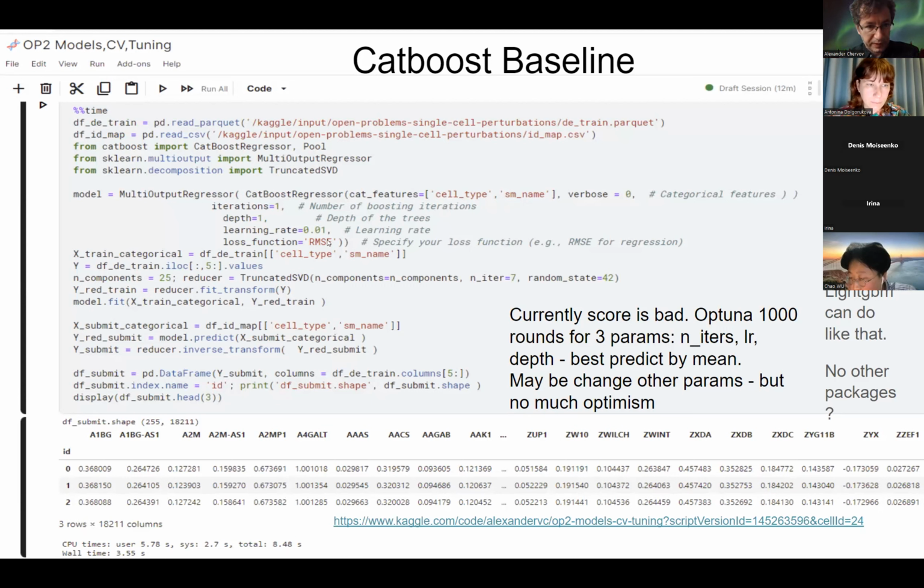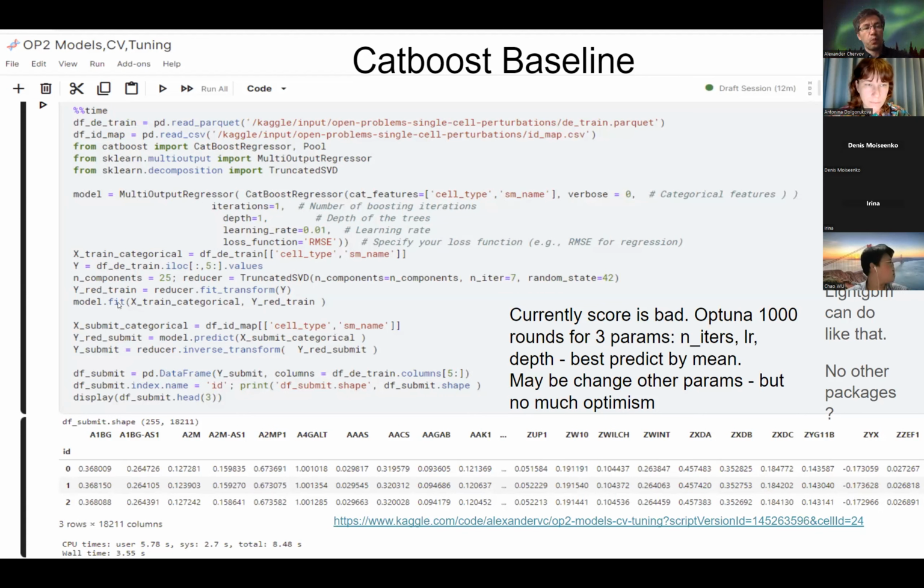Another important step which everybody is doing in this kind of competition is the dimensional reduction of the targets. Might be a little bit unusual because typically we do it for features, but here we do it for targets. So we take this Y, the targets, and we make, for example, truncated SVD dimensional reduction to 25 components.